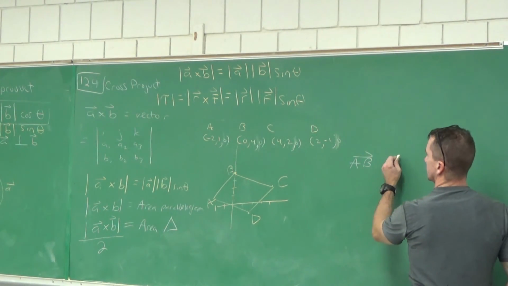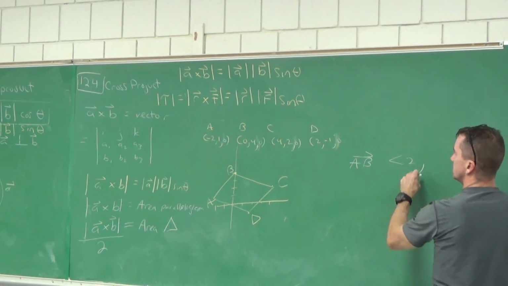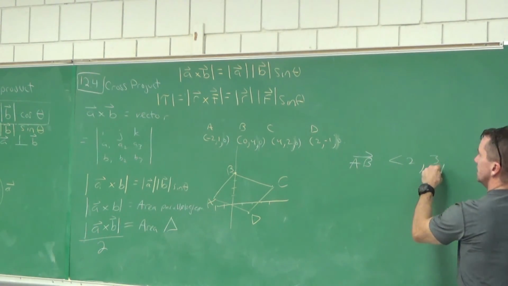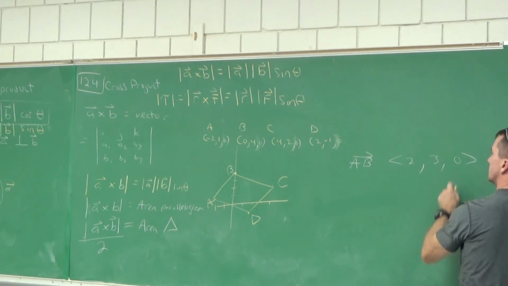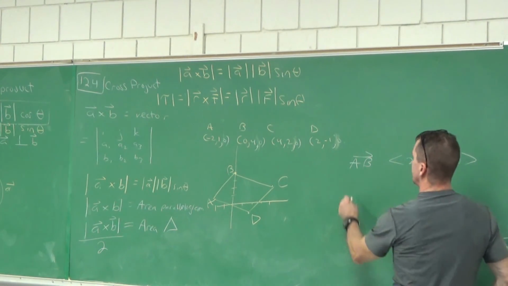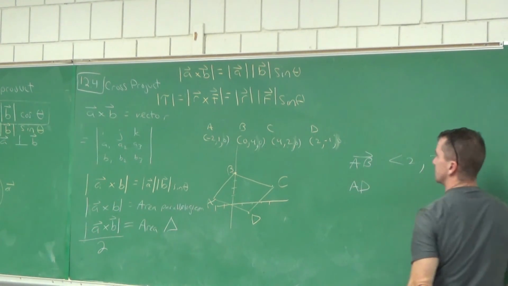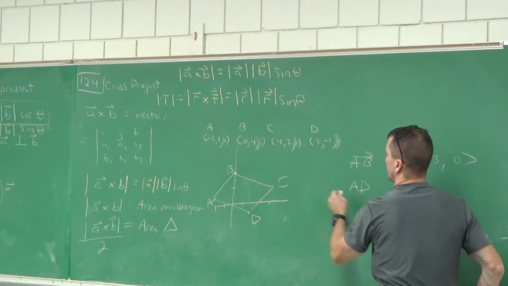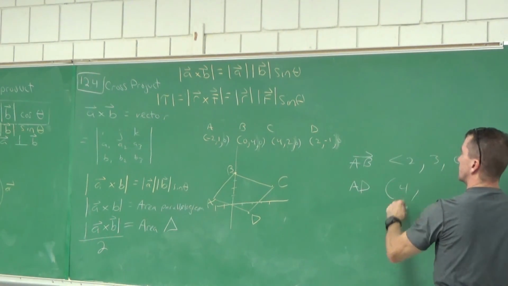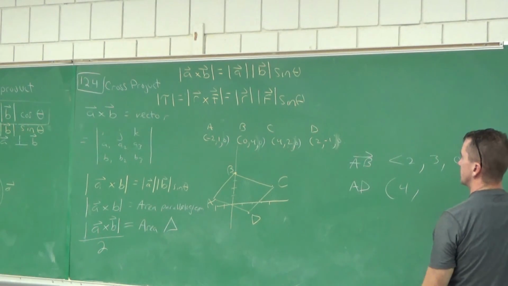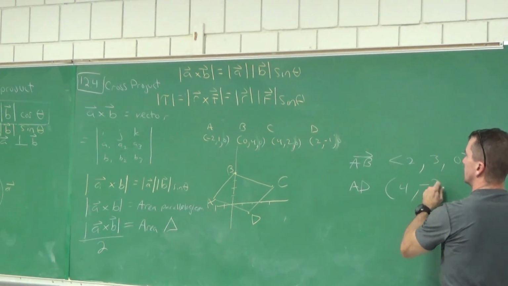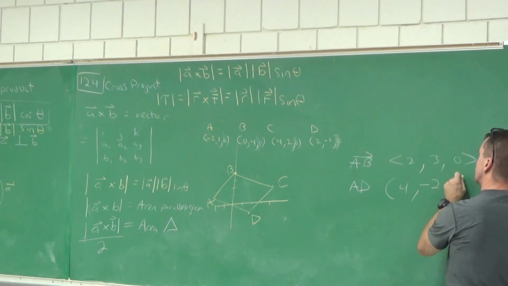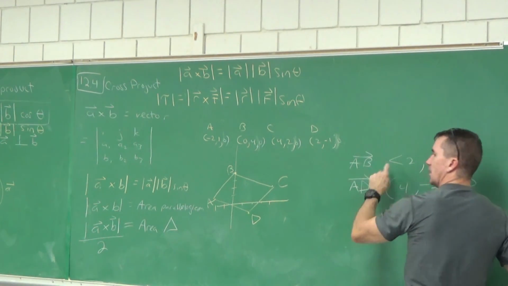That's 2, 3, and 0. What's vector AD? 2 minus negative 2 is 4. Negative 1 minus 1 is negative 2. And 0 minus 0 is 0. Alright. And what will I do with these two?